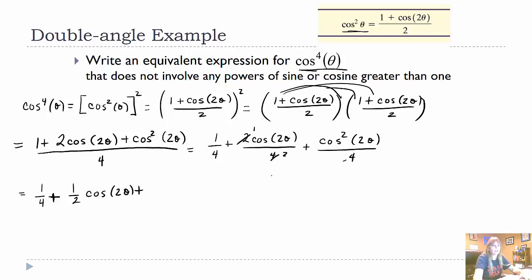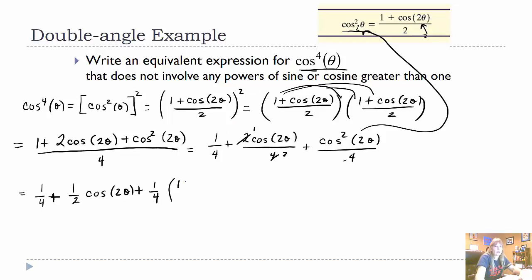This piece, I'm just going to bring the 1/4 out front. And then notice, this is very important. I'm going to use this formula, but the formula is just for theta, not for 2 theta. So what I'm going to have to do is multiply. If I multiply this by 2, I have to multiply that inside by 2.